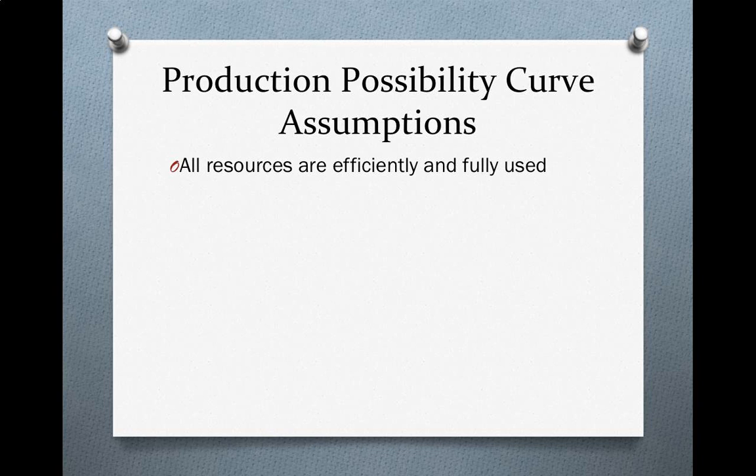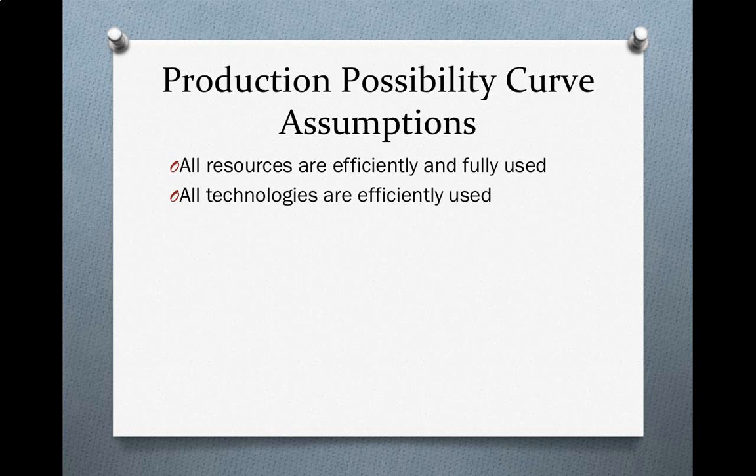So we have a few assumptions we're going to be dealing with when we're looking at a production possibility curve. One of the assumptions is that in our economy, let's say the United States, all of the resources that we have available to us are going to be efficiently and fully used. So we're going to use every human resource, every natural resource, and every capital resource in our economy.